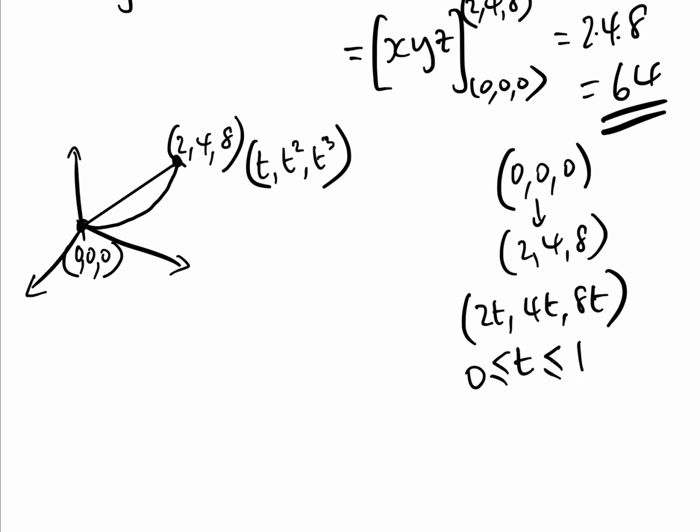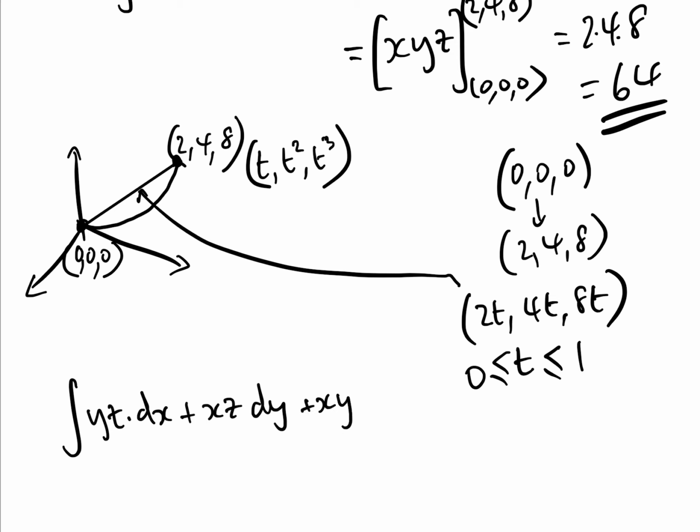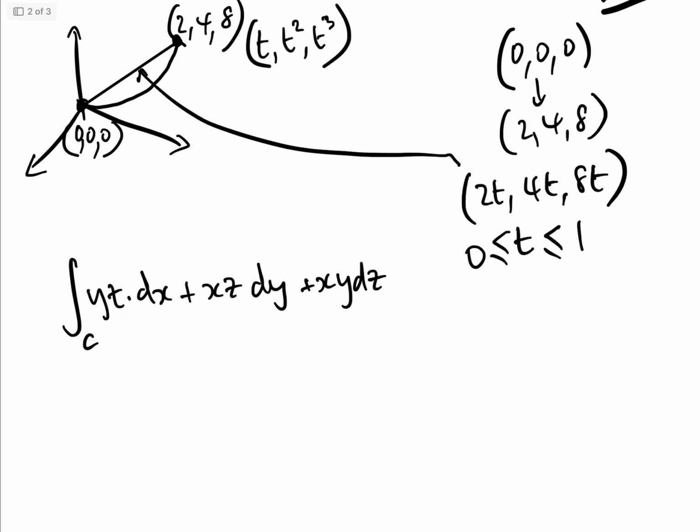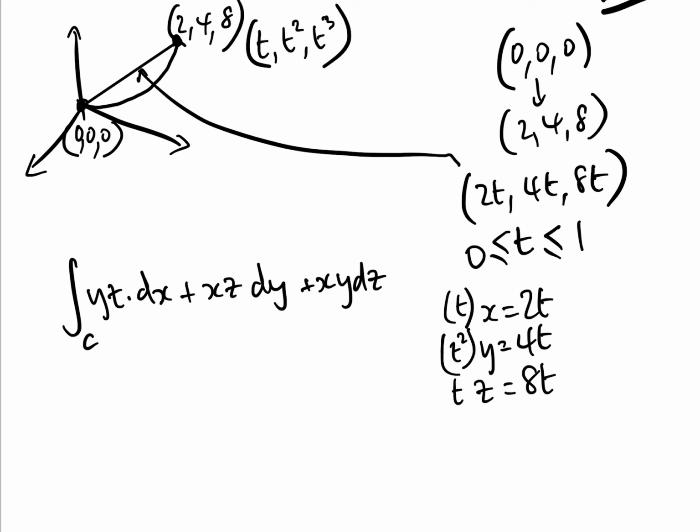Okay, so now what we've got to do is integrate yz dx, add xz dy, add xy dz along this new curve, the line segment now. Basically, we're going to use x is 2t and y is 4t and z is 8t instead of t, t squared and t cubed, which was the curvy curve.